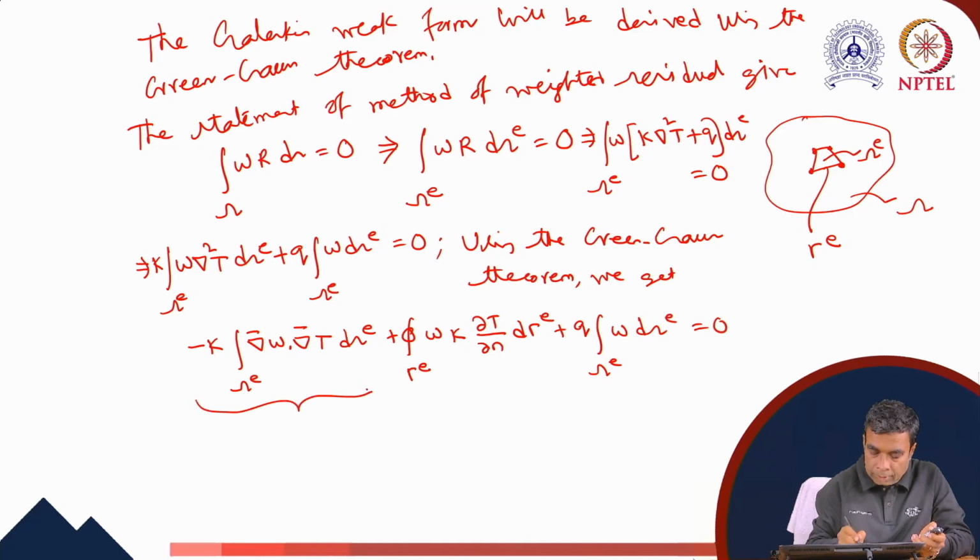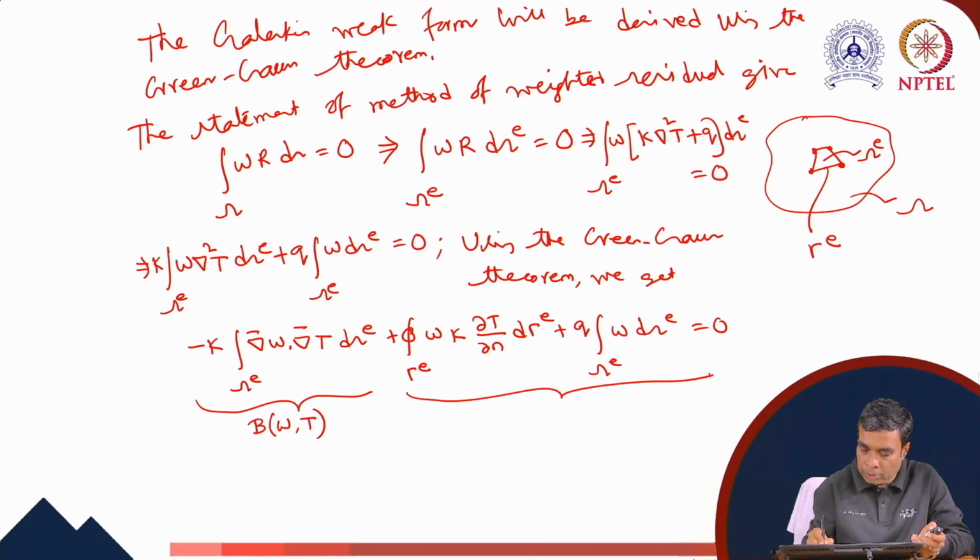Now, this first portion, it is the bilinear term b(w, t), and the remaining portion, it gives us the linear term.